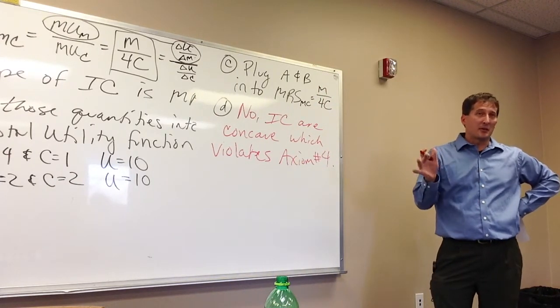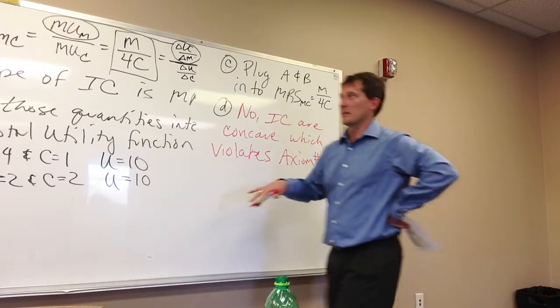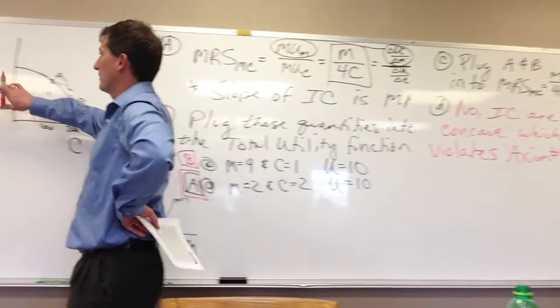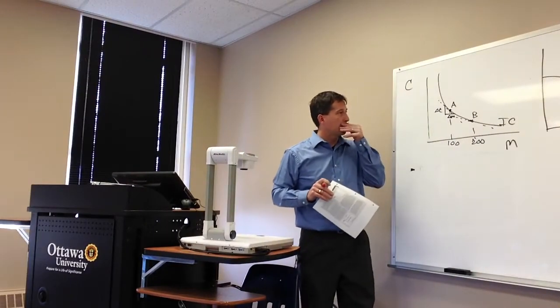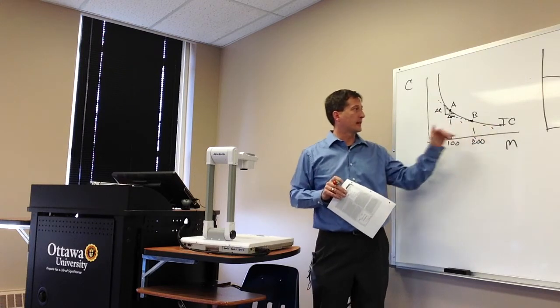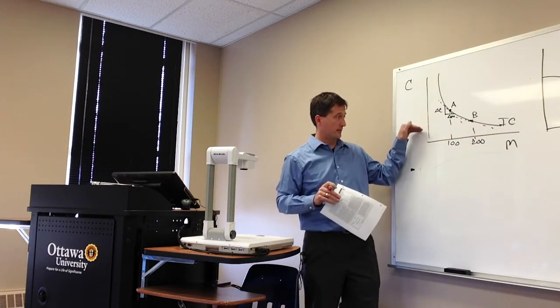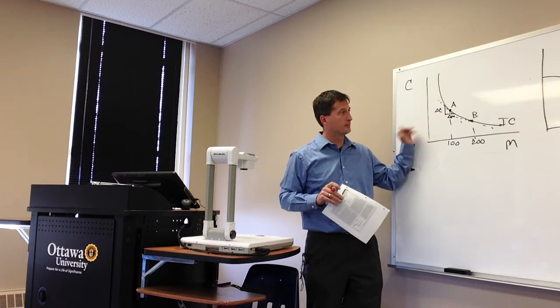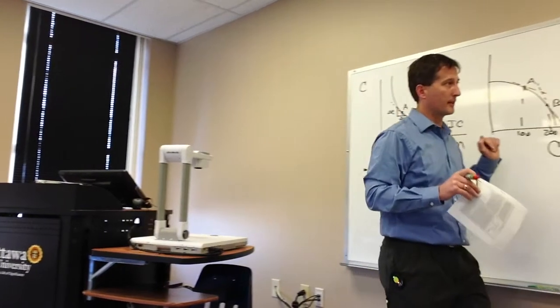Axiom 4 was the law of diminishing marginal utility. That's what gives us the shape that's convex. As we have more and more of a good, you'd have to give up greater, or the other one becomes more valuable to you, in terms of how much you'd be willing to give up.